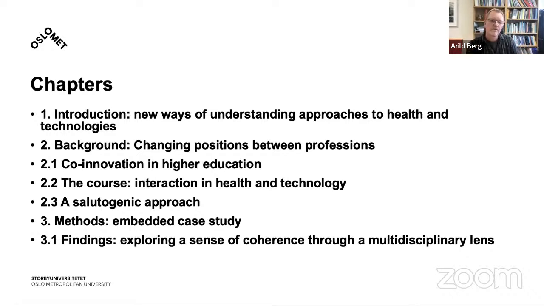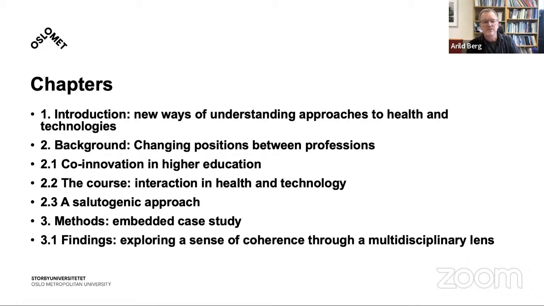Further, we wrote about how Andrew Abbott developed a theory about the system of professions concerning how expertise is changing in working life. He addressed how all different professions have interacted through the ages and how new professions challenge previous professions as society evolves.